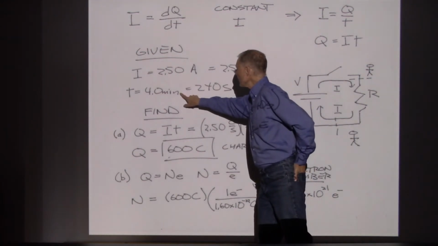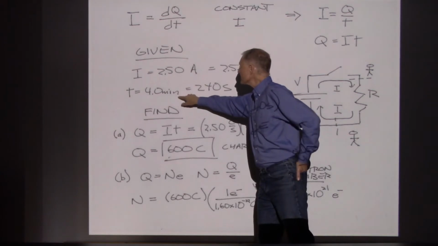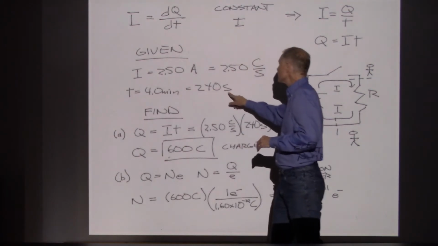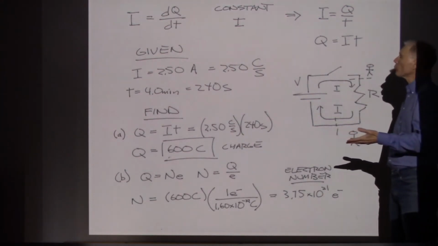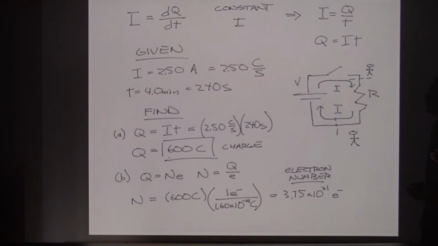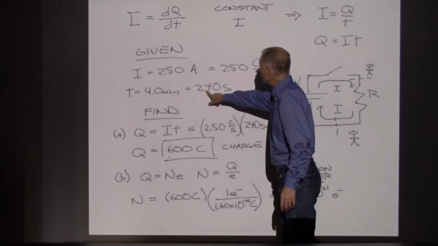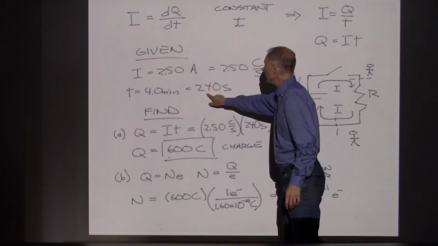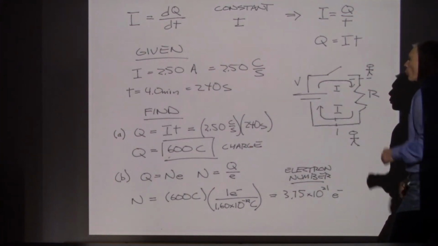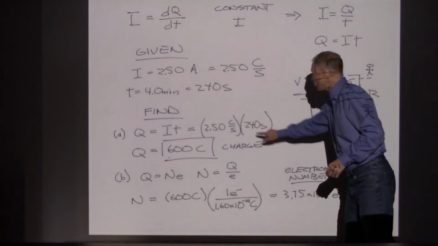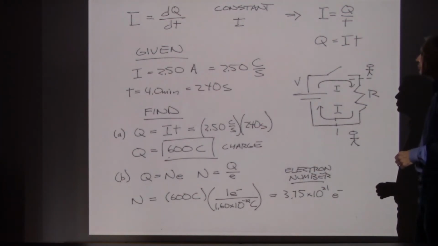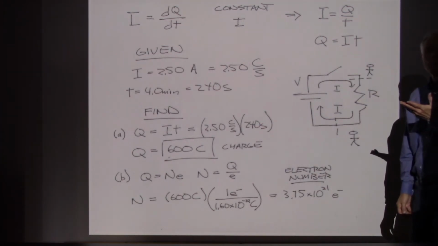and if we allow that circuit to operate for 4 minutes, now minutes aren't standard units, so we've converted those over into 240 seconds, and yes, that's a 4. You can see it down here, that 4 is a little more distinct. So we want to find out how much charge has gone by.